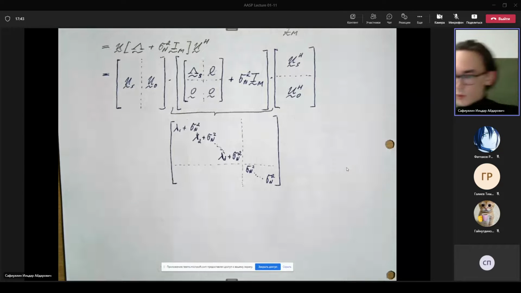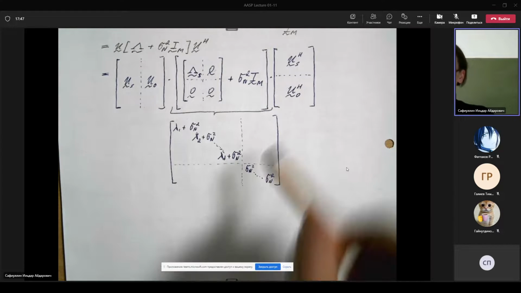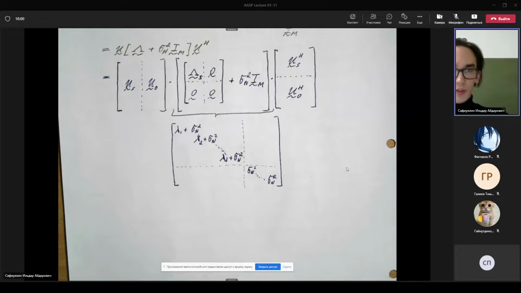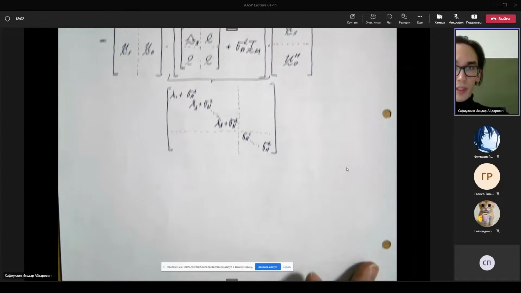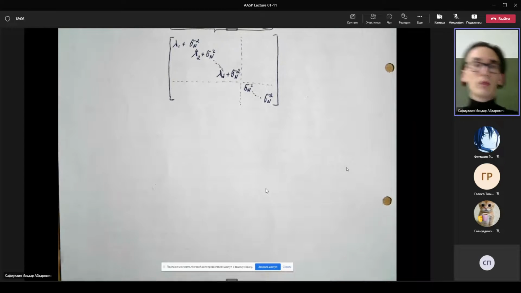Like this one. And of course here and here, all the rest of the elements are zeros, let's say. Then, based on this matrix of eigenvalues, we can write the following statement.